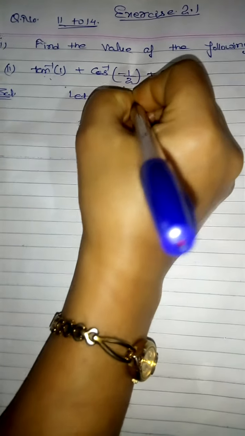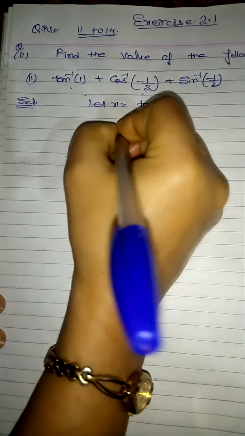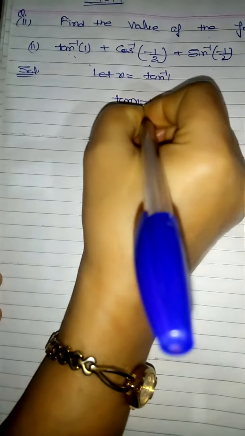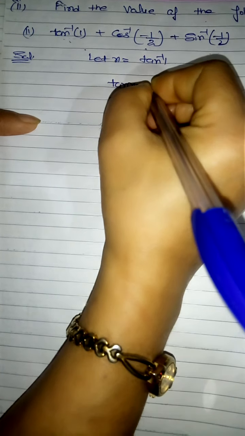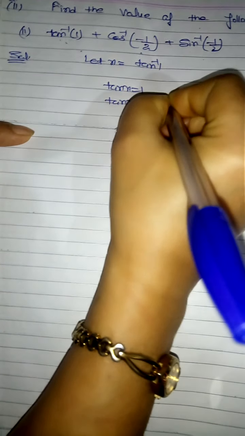Let x equal to tan inverse 1. So tan x equal to 1, and tan x is 1 when x is pi by 4.